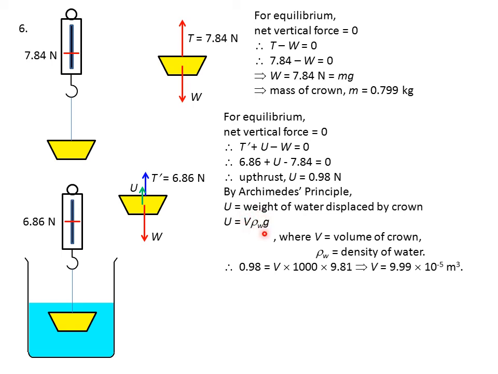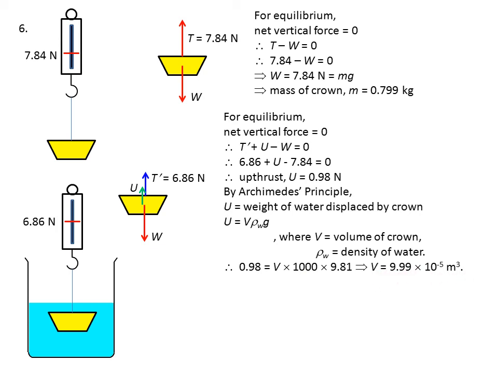This mass multiplied by g gives you the weight of water displaced by the crown. So this expression gives us the upthrust. We have already found the upthrust to be 0.98 newtons, so 0.98 newtons will be equal to volume times density of water times g. So this gives us the volume of the crown.